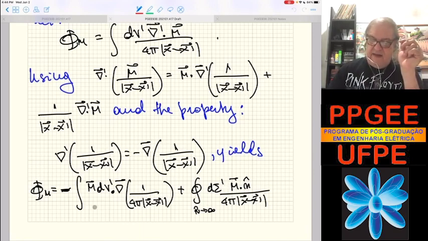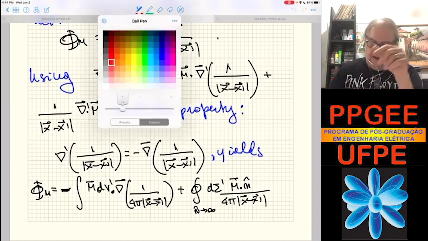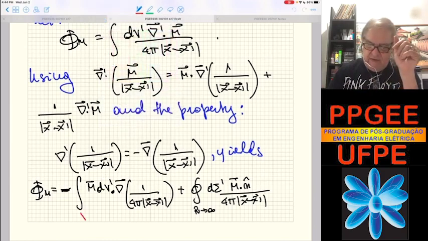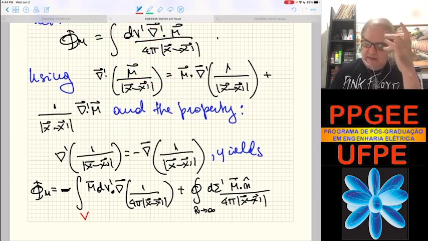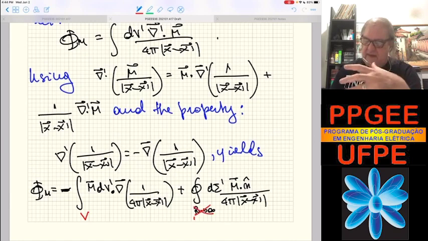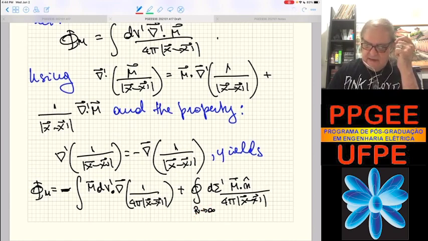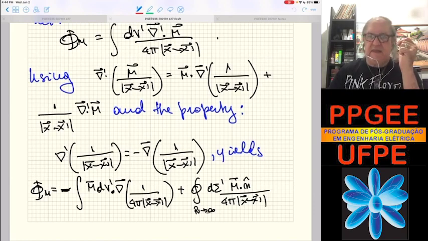Well, if we integrate in a finite volume here, we would have it only when m is different from 0. And here you would go to the boundary and integrate that. Either that or you integrate in the entire space. So if you integrate in the entire space, the surface integral is at infinity.